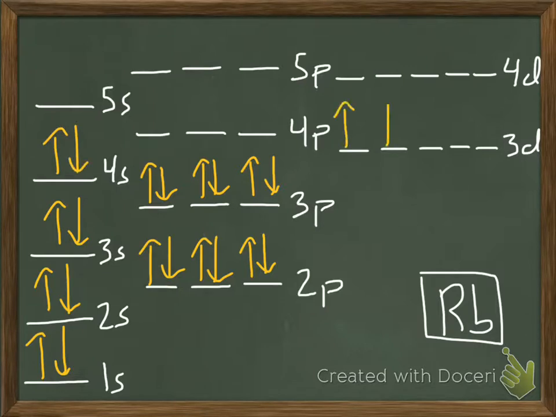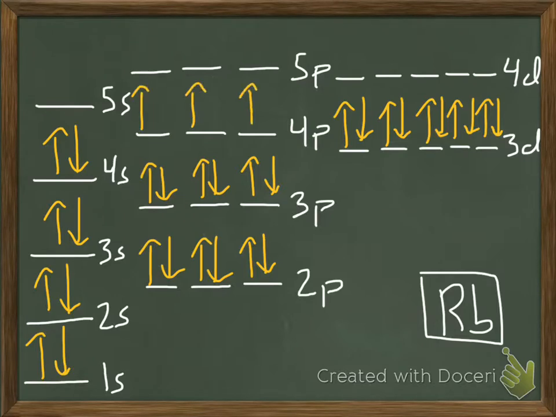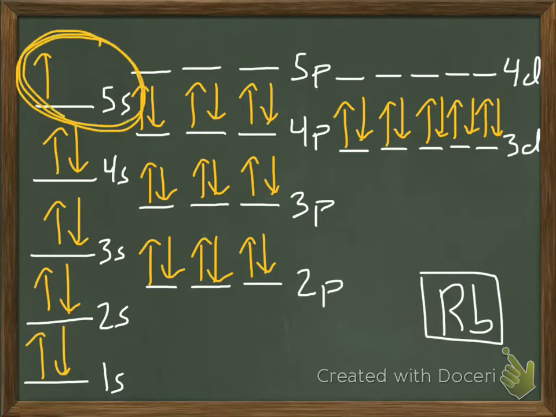Over here, 21, 22, 23, 24, 25, 26, 27, 28, 29, 30, 31, 32, 33, 34, 35, 36, 37. So I ended up at 5s with 1 electron, 5s1. Take a look at your periodic table, find rubidium. It's number 37. And sure enough, yes, it's in section 5s1. So we did it correctly.